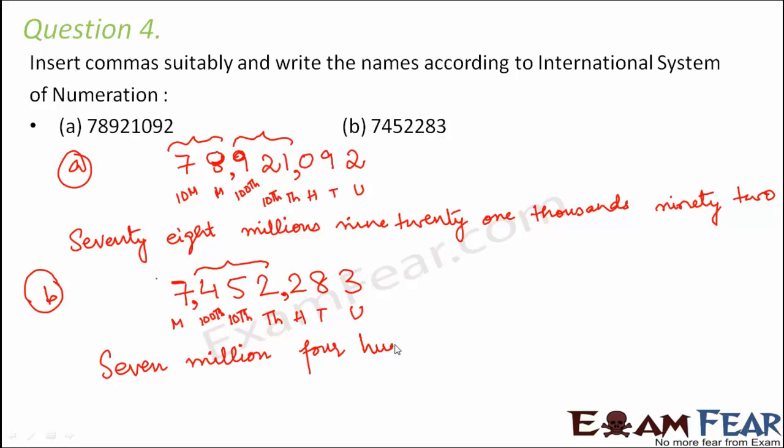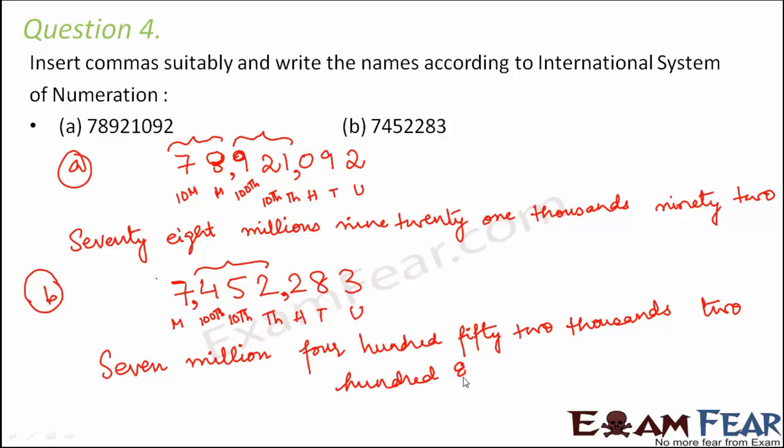So 452,000 283. So this is how we named it as per the International System of Numeration.